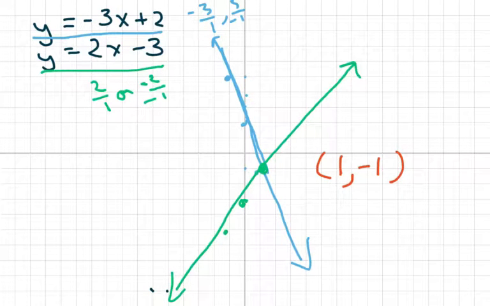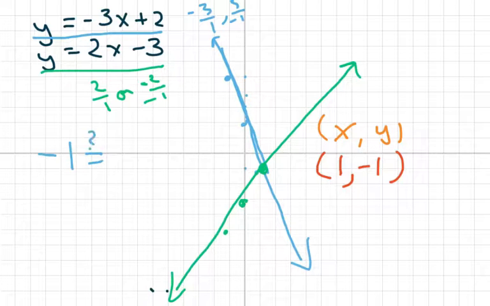So I estimated the solution, and now I'm going to plug them in. My x is 1, and my y is -1. So keep that straight. For the first one, does -1 equal -3 times 1 plus 2?